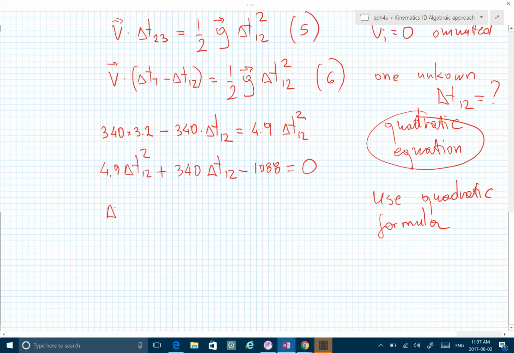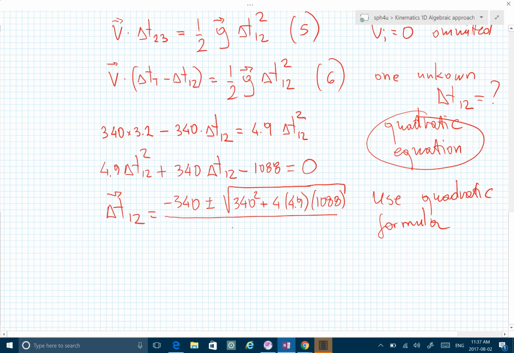We have delta t from 1 to 2 to be minus 340 plus or minus the square root of 340 squared plus 4 times 4.9 times 1088. I removed the minus because 1088 has a minus in front of it. Divided by 9.8, which is 2 times a, right? So we get delta t from 1 to 2.